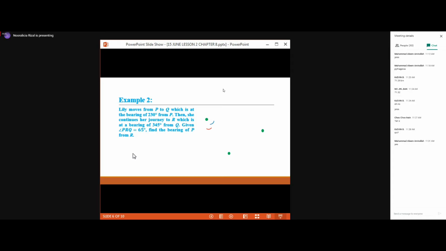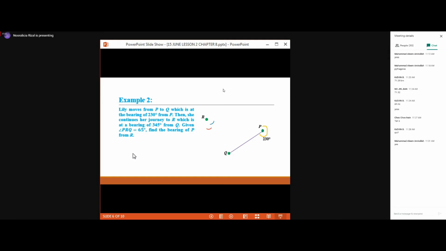The third one, isn't it? The third quadrant, so you should know. So my P is there, my Q, see, third quadrant. So this is 230. Can you see the slide?